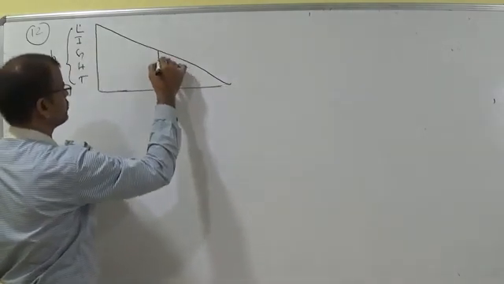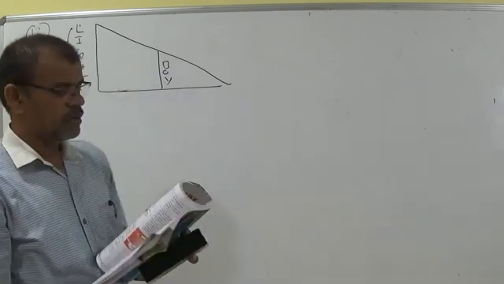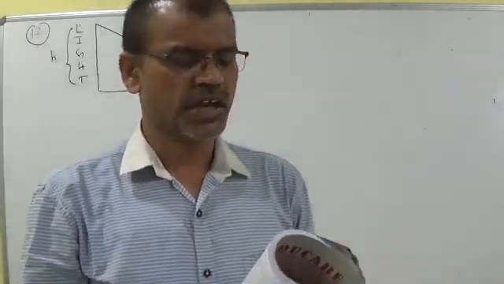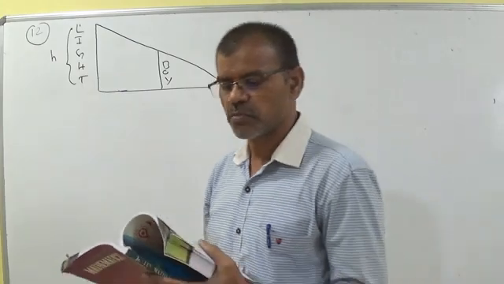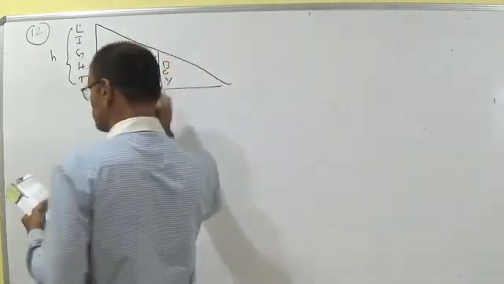Put here: this is the boy, this is the light. A source of light hung h meters directly above a straight horizontal path on which a boy a meters tall walks. The boy's height is given as a meters.